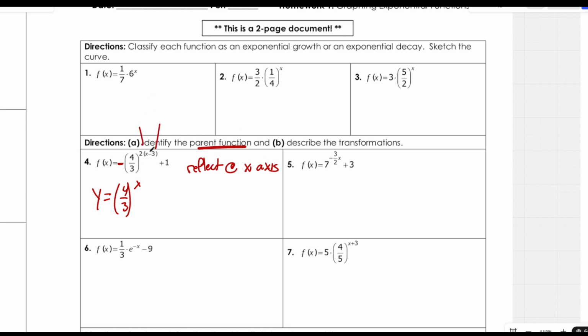These two are horizontal because they're close to the x. The one that's multiplied is a stretch. Seems like it'd be a horizontal stretch of 2, but it's the opposite. It's a horizontal shrink by 1/2. And that one looks like it moves to the left 3, but it's right 3, and up 1.